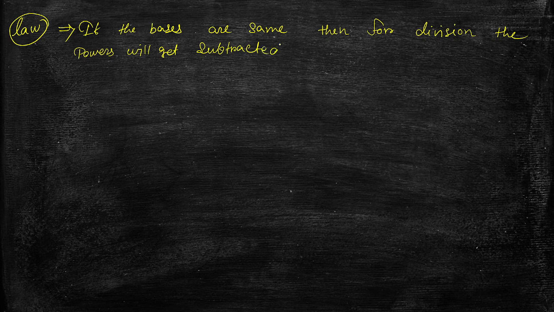Basically we need to take the difference, right? Now suppose there is something like 4 by 7 power 9 divided by 4 by 7 power 5.